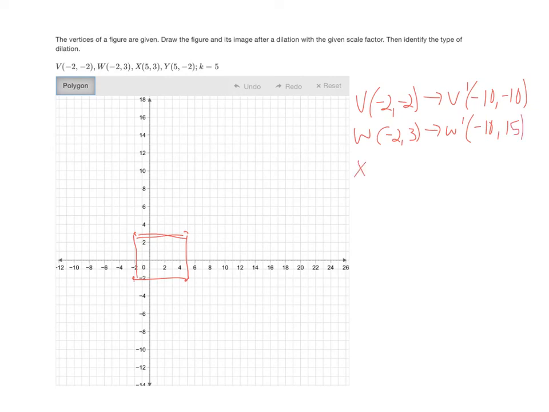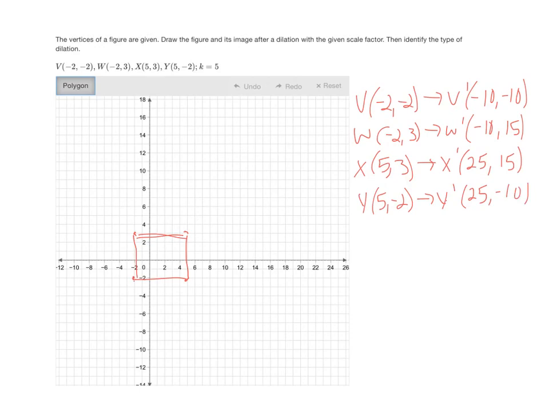X, which is 5, 3, is going to change into X prime, which is going to be 25, 15, and finally Y, which is 5, negative 2, is going to change into Y prime, which is going to be 25, negative 10. Alright, let's graph these.